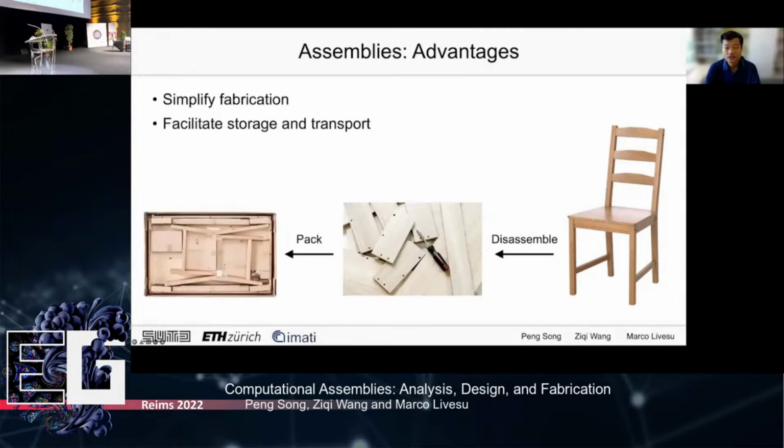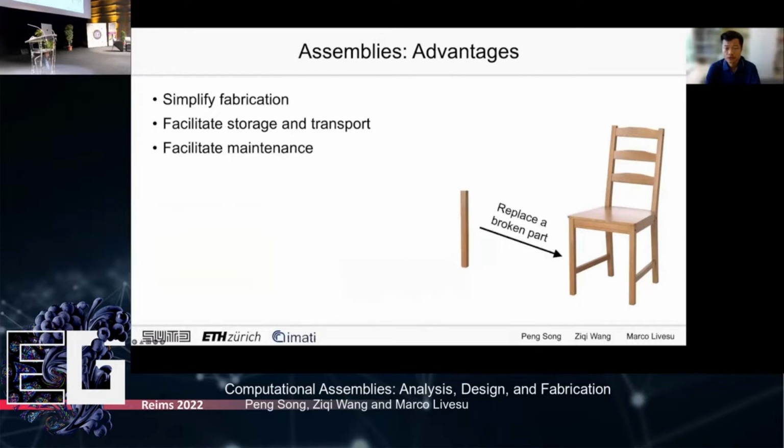The second advantage is to store and transport the component parts in a compact way. This is the reason that when we purchase a piece of furniture from Ikea, we usually receive a package of furniture parts that are compactly packed in a box.